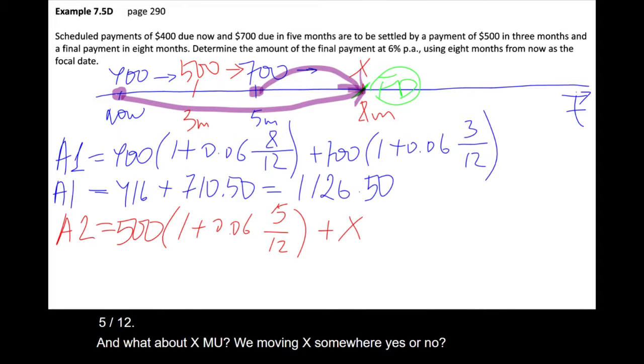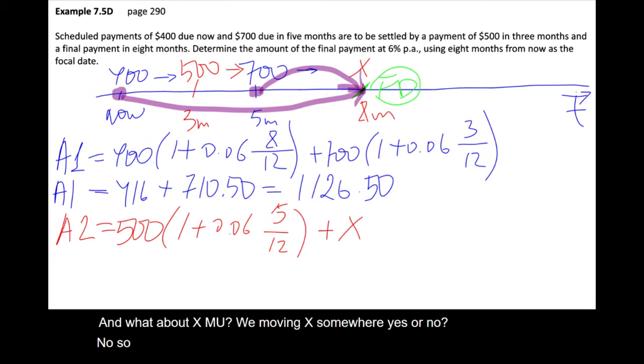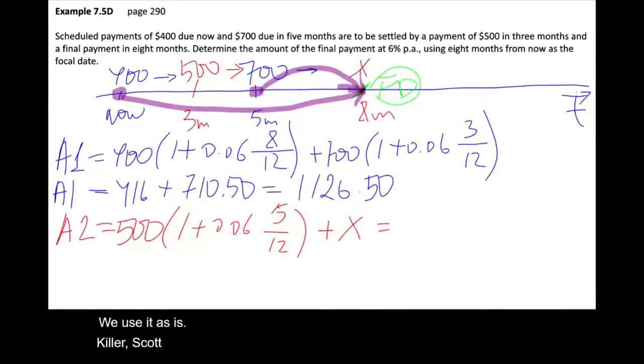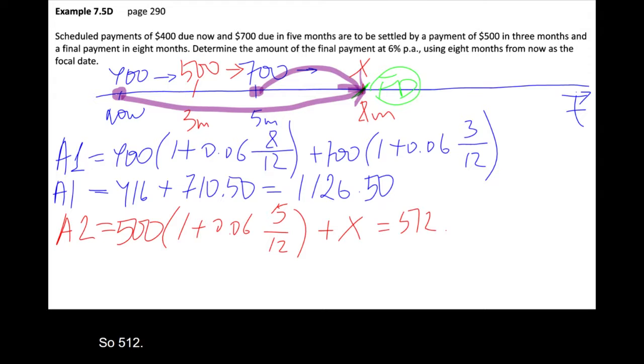No. Because x is at the focal date already, we use it as is. So 500 times 1.0125 plus x.